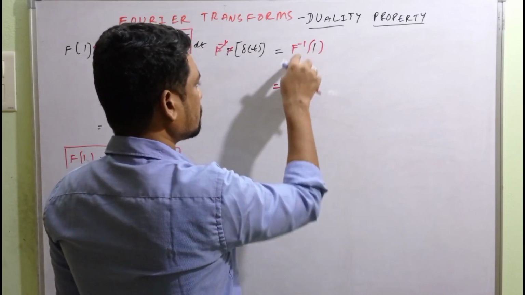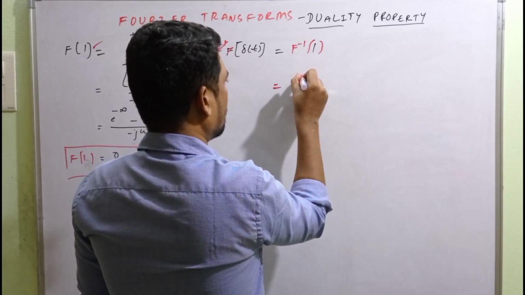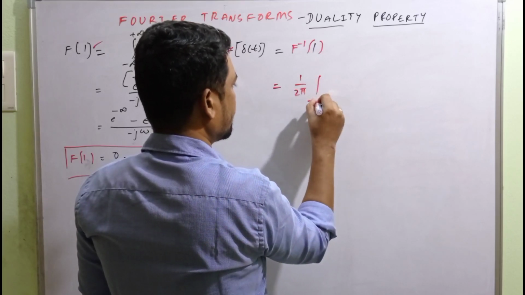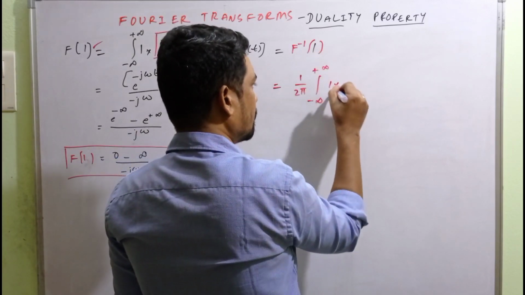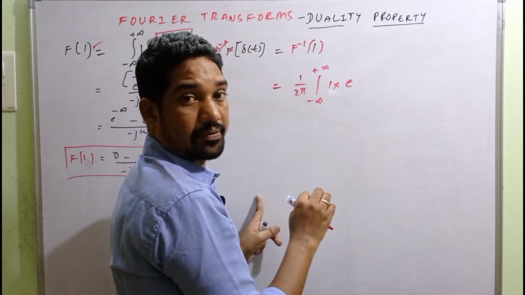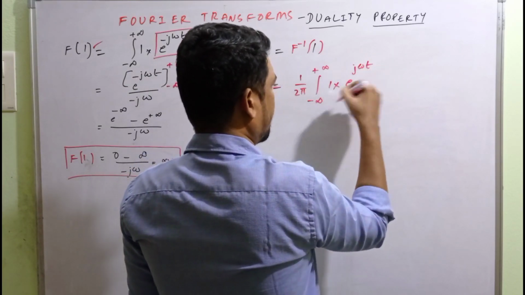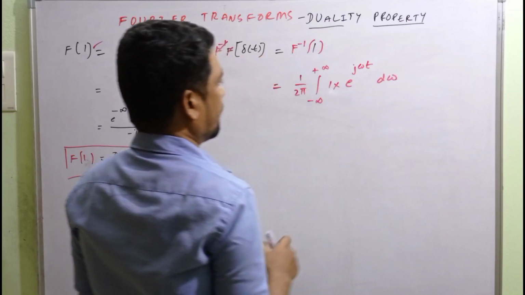It will be 1 upon 2 pi, integral from minus infinity to positive infinity of the given function, 1, multiplied with e raised to positive j omega t, with respect to omega, d omega, isn't it?